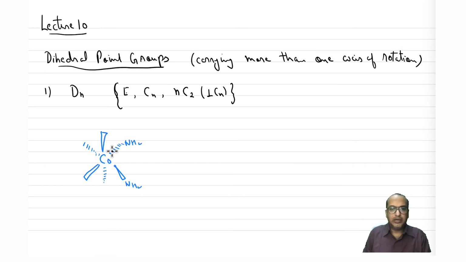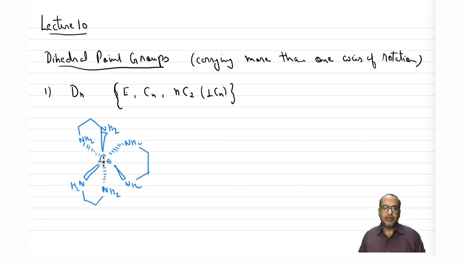It is clear that three NH2s are coming out of the plane of the board and three of them are going back, right? Where cobalt is sitting in the plane of the board, and then these are connected with an ethylene group. Okay, so you have this and you have this.